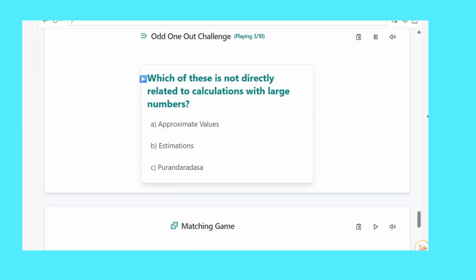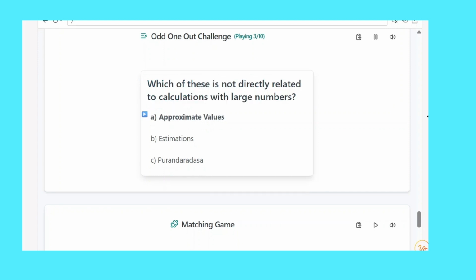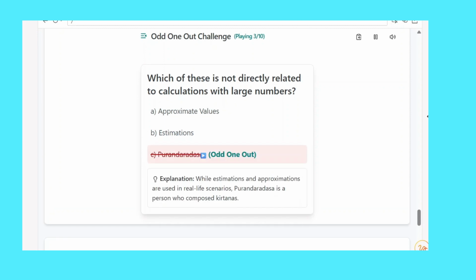Which of these is not directly related to calculations with large numbers? Approximate values, estimations, Purandaradasa. The odd one out is Purandaradasa. Because while estimations and approximations are used in real-life scenarios, Purandaradasa is a person who composed kirtanas.